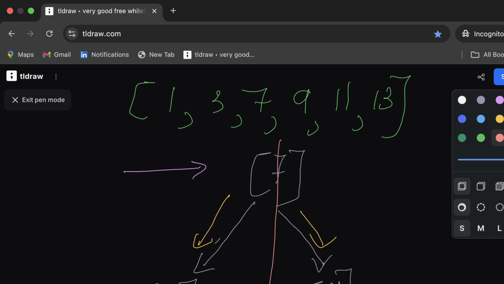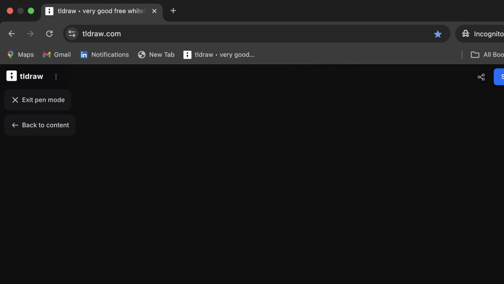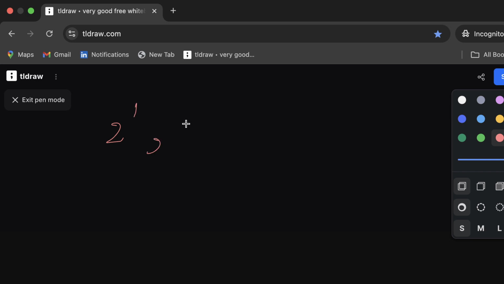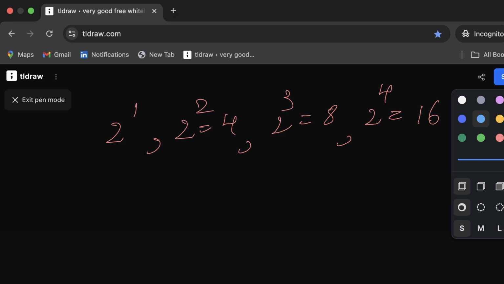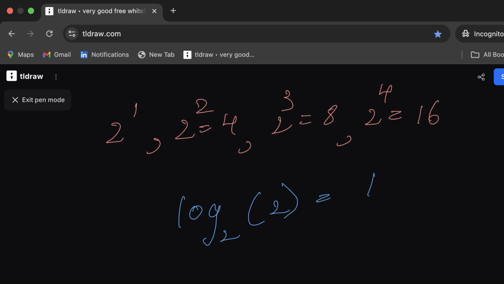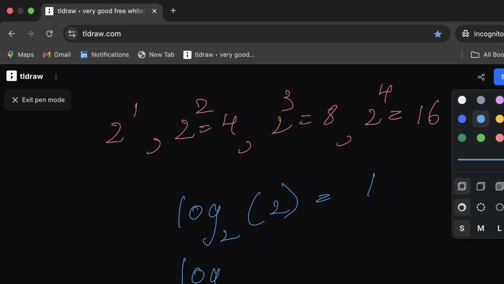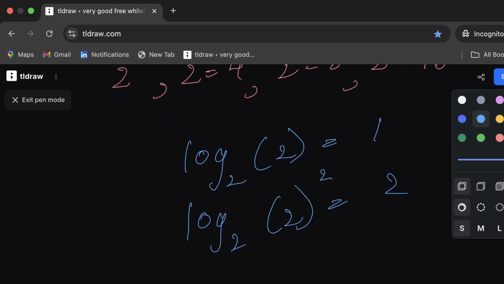So remember, log base 2 is basically, let's study powers of 2. 2 to the power 1 is 2, 2 to the power 2 is 4, 2 to the power 3 is 8, and 2 to the power 4 is 16. So log base 2 of 2 gives 1, log base 2 of 4 gives 2, log base 2 of 8 gives 3.